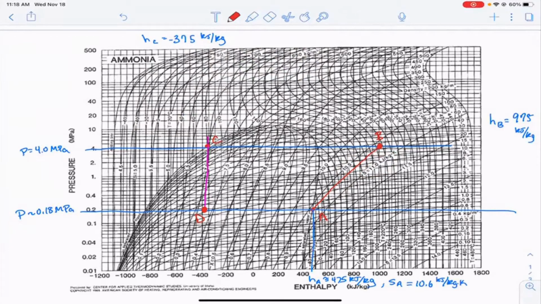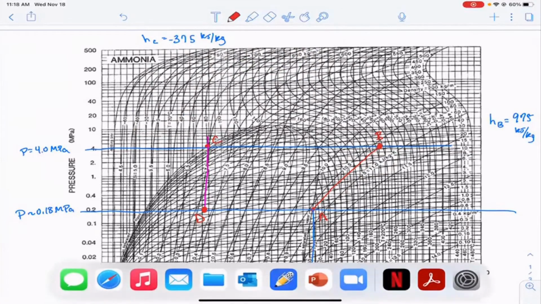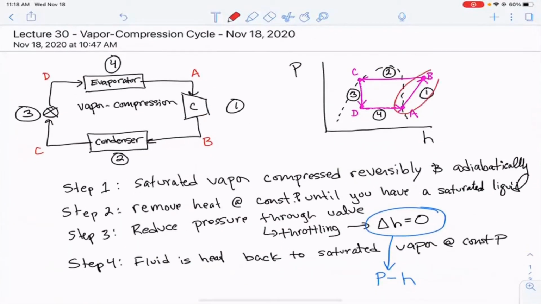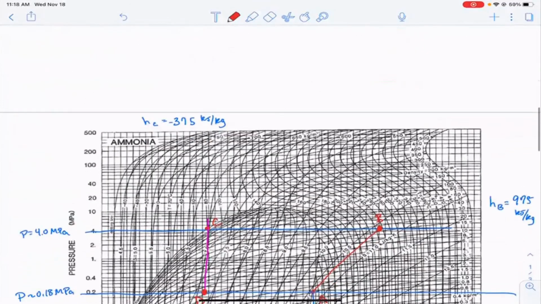And that's because, remember, A to B is the compressor step. So we're in the compressor when we go from A to B. And we were told that unless you're given an efficiency, it's done reversibly and adiabatically. Okay? Good question.